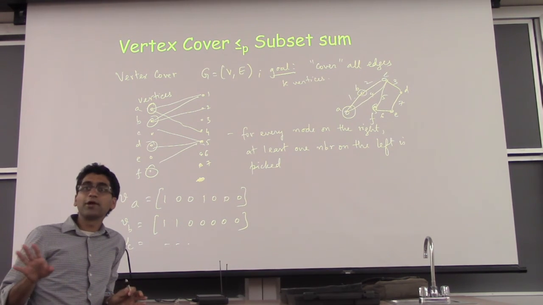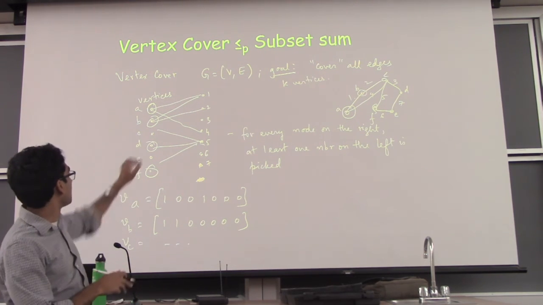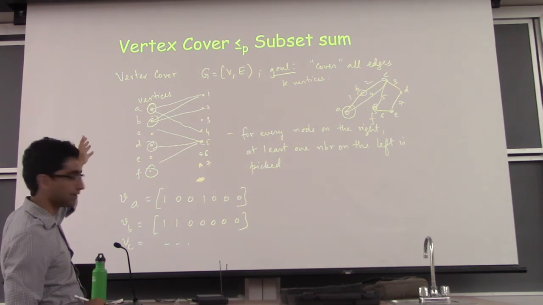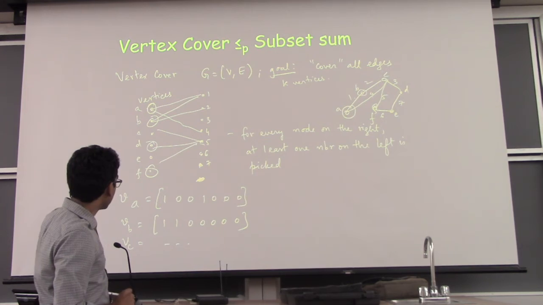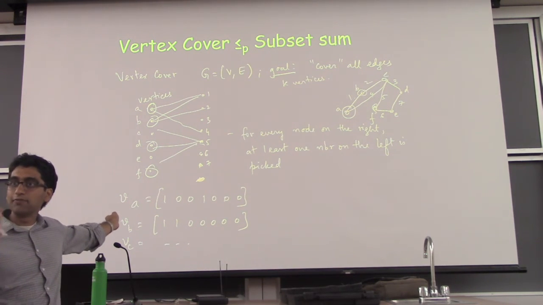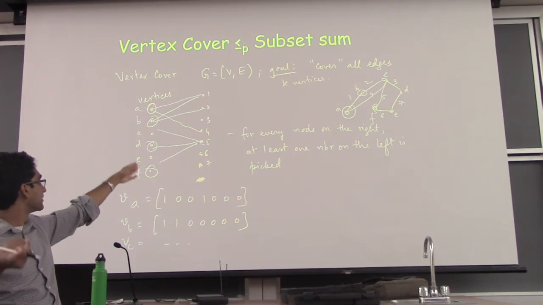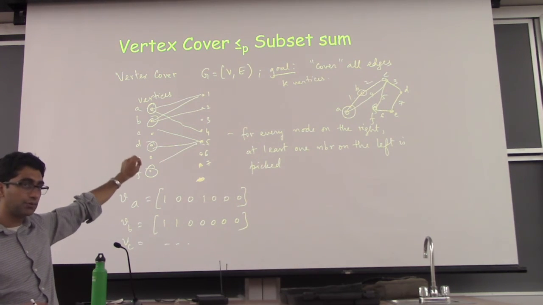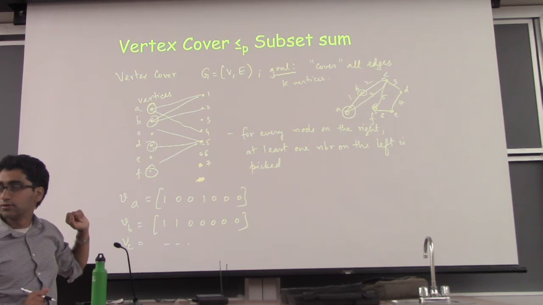So basically what's going on is, for everyone on the right, you must have at least one thing on the left, right? So which is like saying, if you took a vertex cover and summed up these vectors, you must have at least one in every coordinate. Okay? So if you had 0 in a coordinate, it means that every coordinate corresponds to some edge on the right and that one had no neighbor. Okay? And that's not a valid vertex cover.